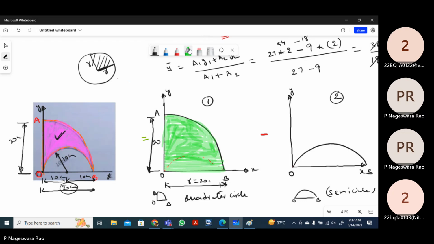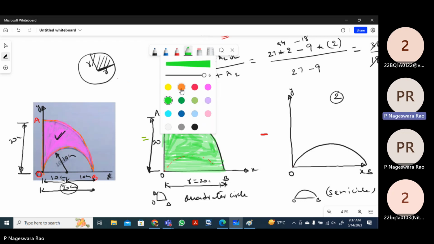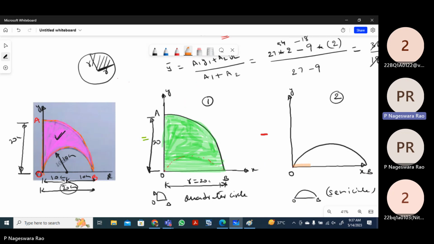Taking a different color, which area do I need to remove? I need to remove this area, this semicircular area. We know that the semicircular area is symmetrical about its line.